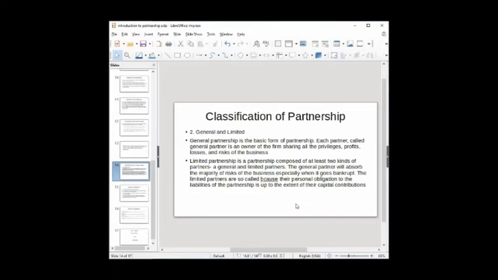The limited partners are so-called limited because their personal obligation to the liabilities of the partnership is up to the extent of their capital contributions to the partnership.